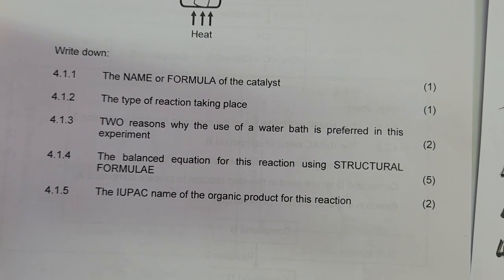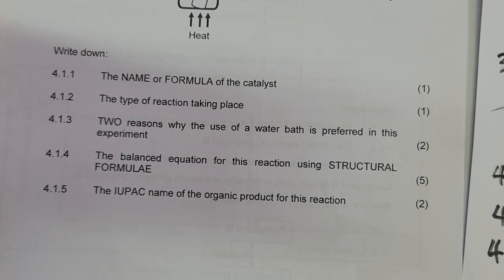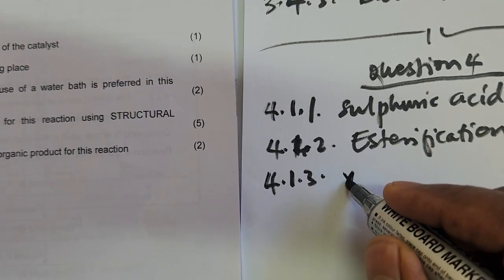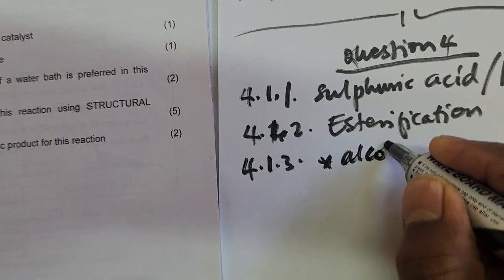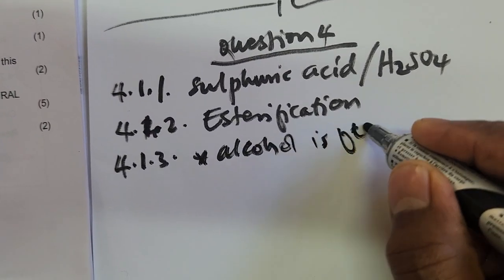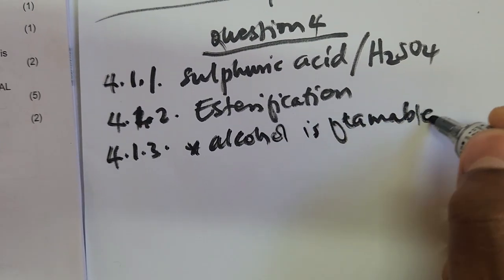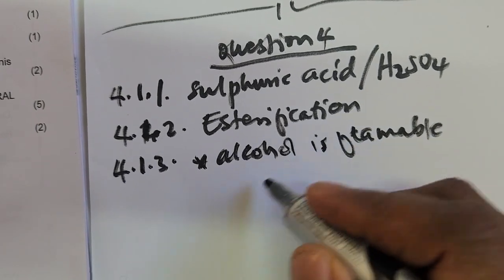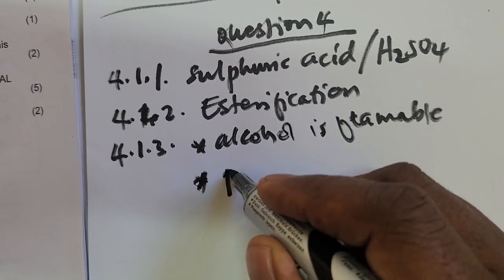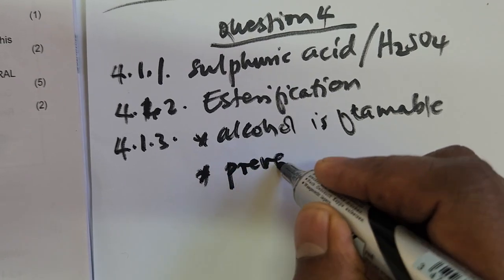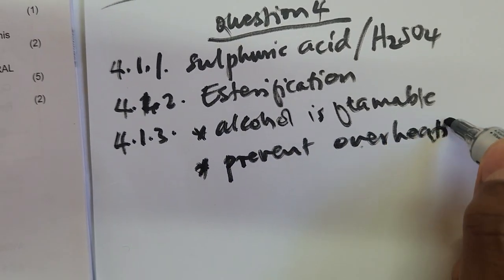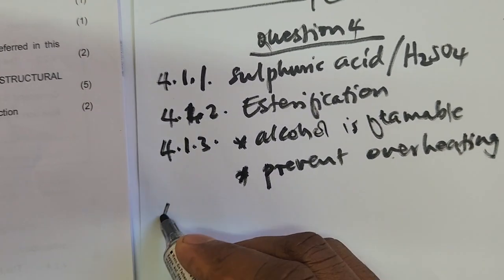4.1.3. Write down the 2 reasons why the use of a water bath is preferred in this experiment. First reason is because alcohol is flammable. That's why we avoid direct heating. Number 2 will be to prevent overheating. Okay, that is fine.